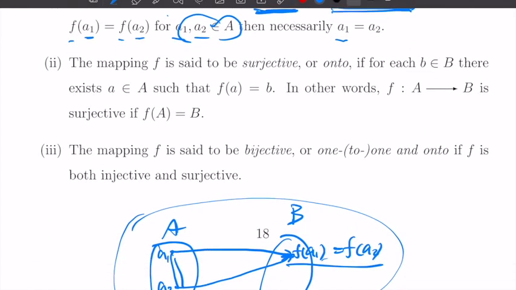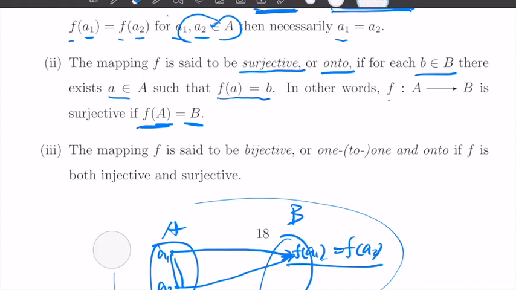Next, the mapping f is said to be surjective or onto if for each b there exists a such that f(a) is equal to b. In other words, f is surjective if the image of A is equal to B, the codomain. What does it mean?